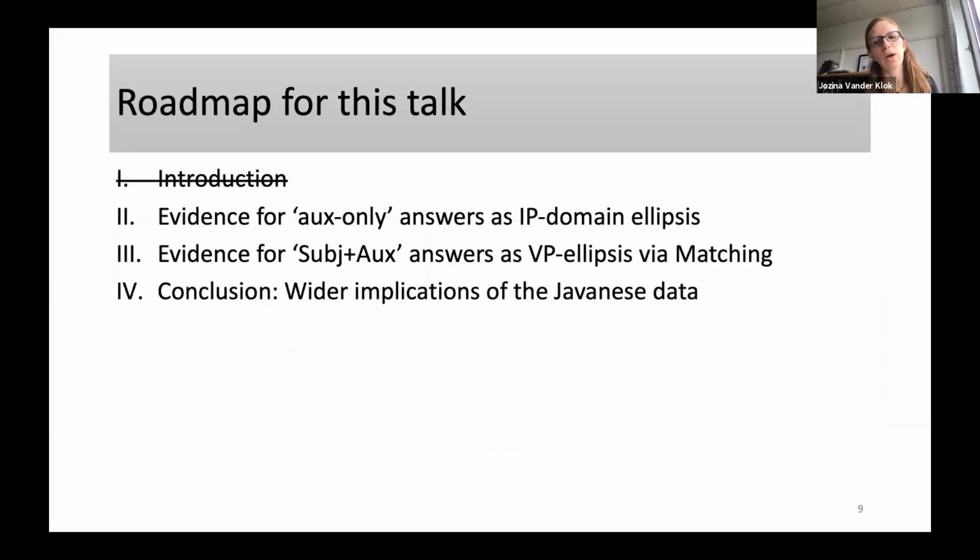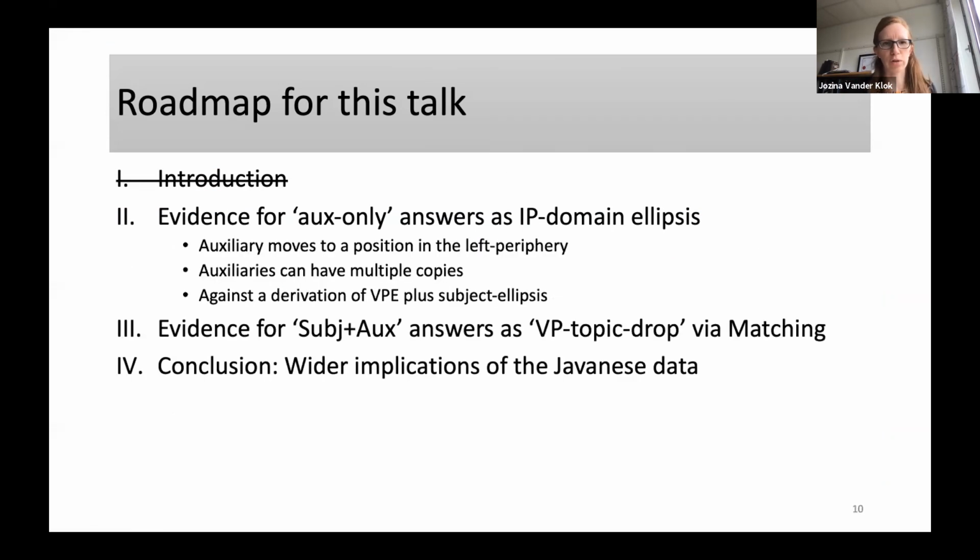Okay, so I'm first going to talk about the derivation for auxiliary only answers as IP domain ellipsis, then look at subject auxiliary answers as VP ellipsis or VP topic drop via matching, and then conclude.